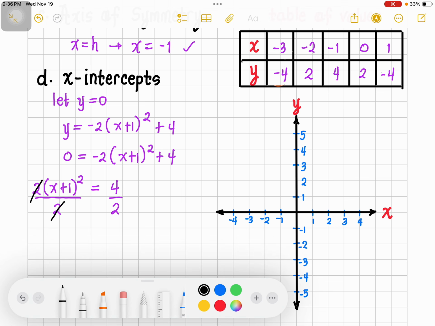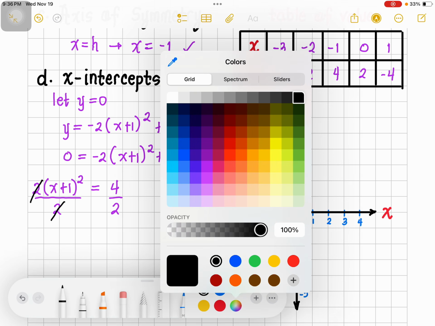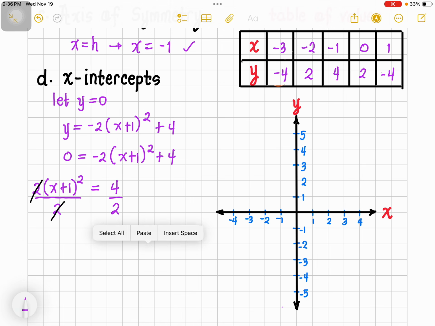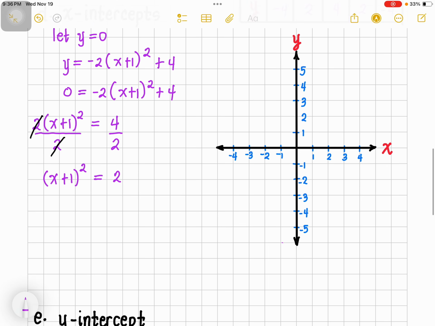Nasundan ba? Okay, so we have the quantity of x plus 1 close squared is equal to 2, right? Kasi nga, i-divide na natin.